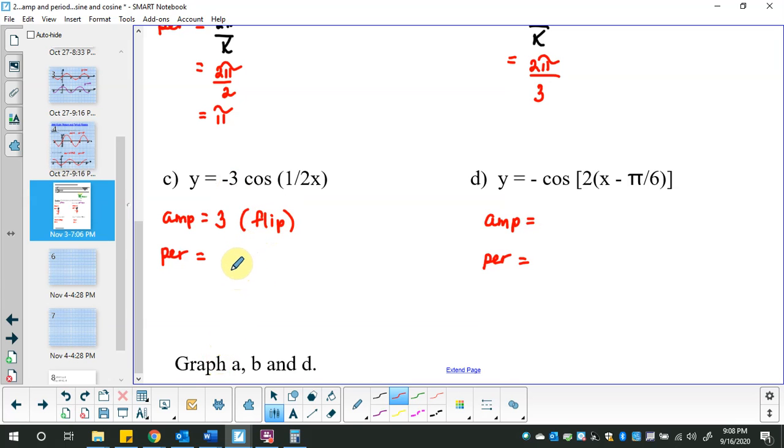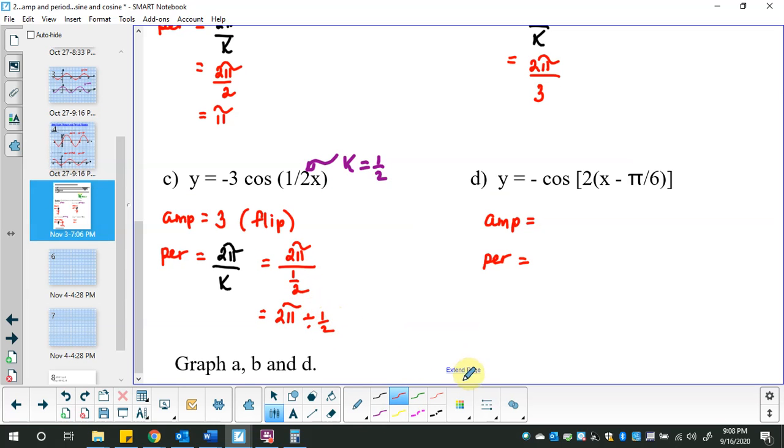Period. This one's a little bit tougher. I'm going to say that because I'm going to guess that the average human being isn't a big fan of fractions. So in this question, and I'm going to run out of space, so I'll put it here, we have 2 pi over a half, because this is the k value. So to show a little bit of work, that's 2 pi divided by a half.